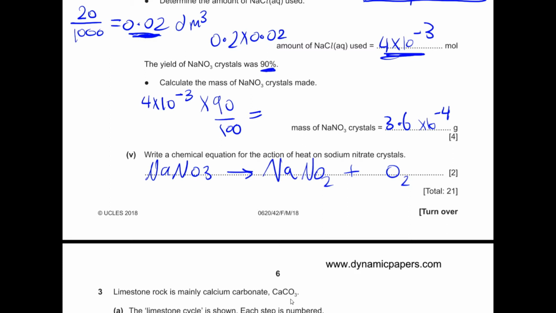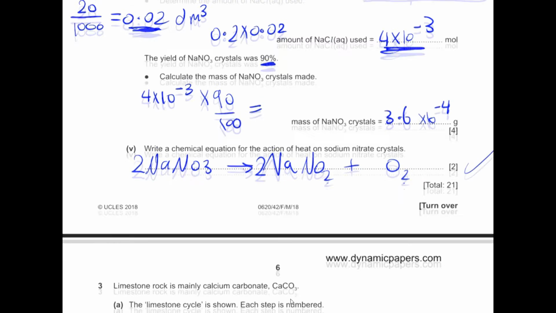Here we have 3 oxygens, and on the other side we have 2 plus 2, that's 4. So we can multiply this by 2 to make 6. 2 multiplied by 3 is 6, and we add 2 on the other side, so 2 multiplied by 2 plus 2 is 6 also. So this is how it looks when it's balanced.